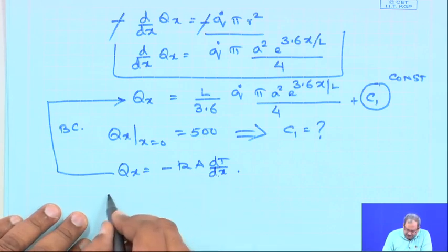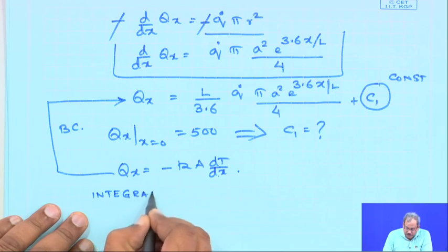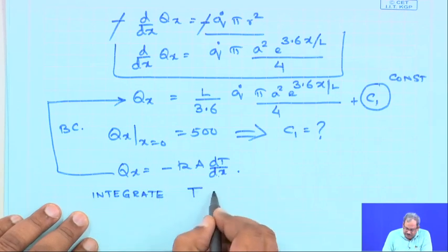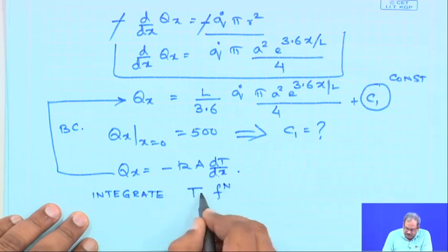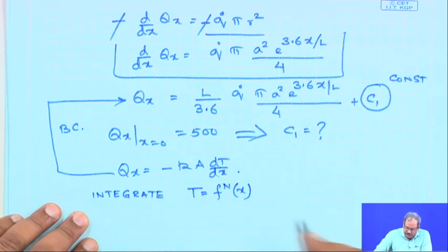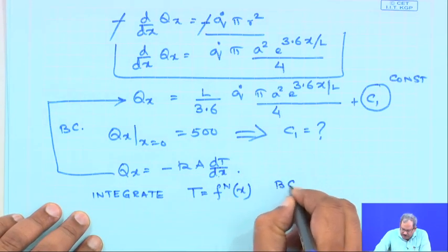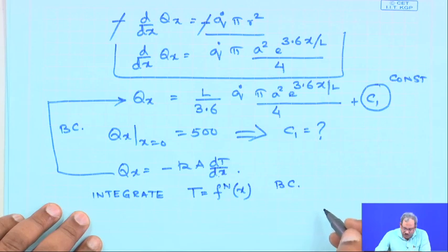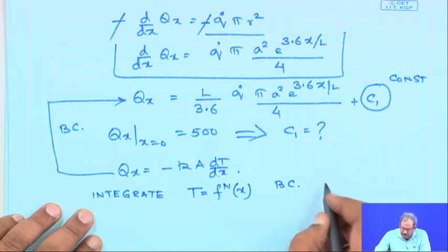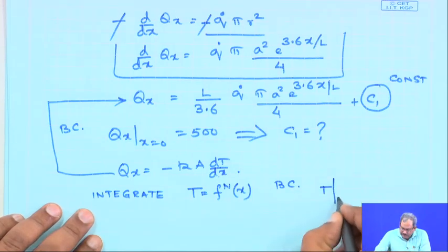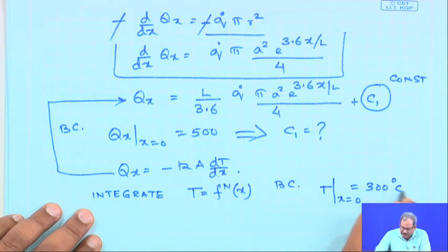Integrate that to obtain the temperature as a function of x. But you need another boundary condition, because one more integration constant will come, and that is T at x equals 0 is 300 degrees centigrade.